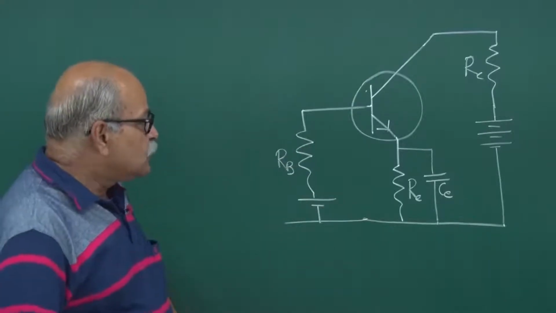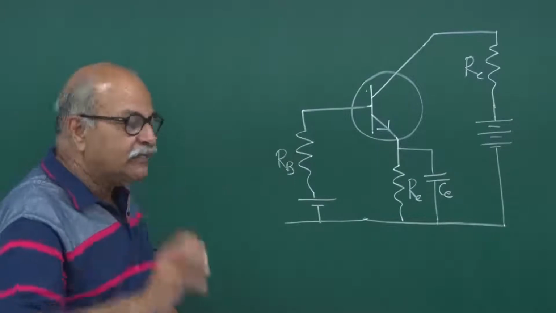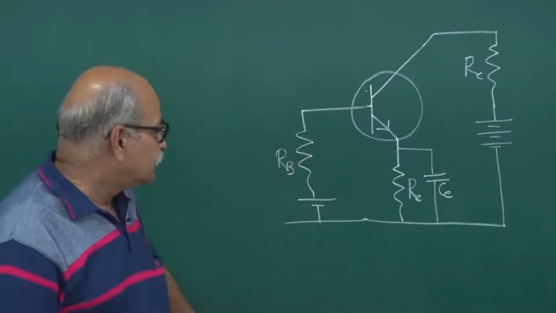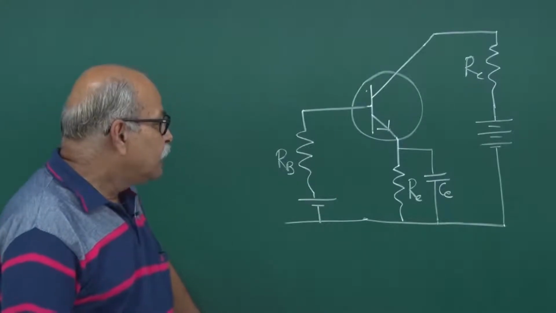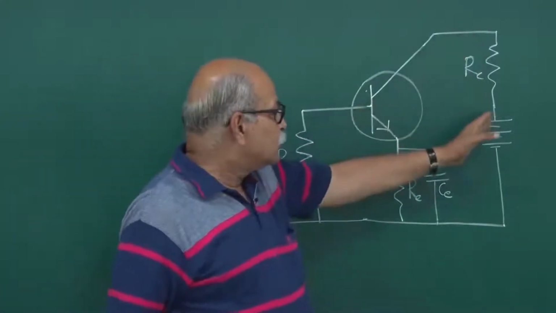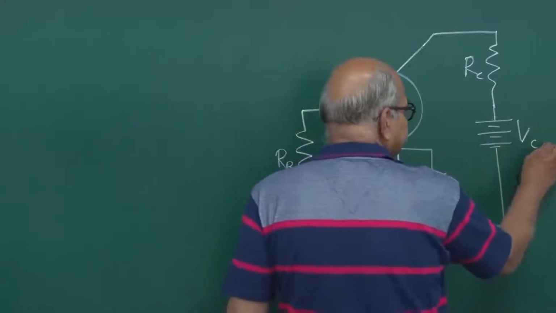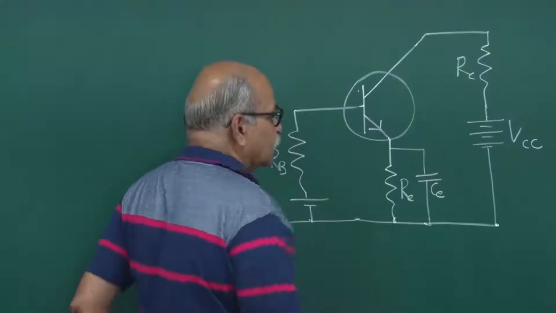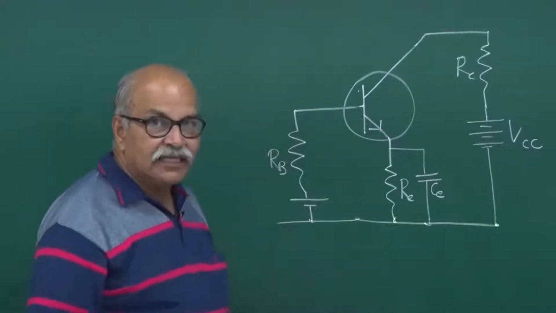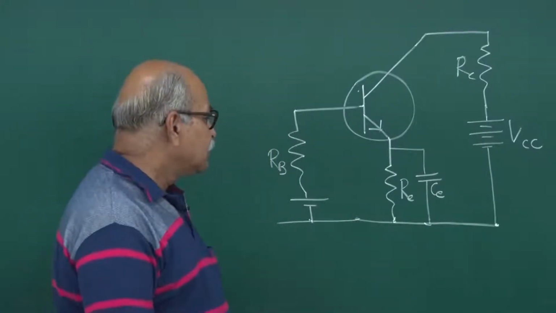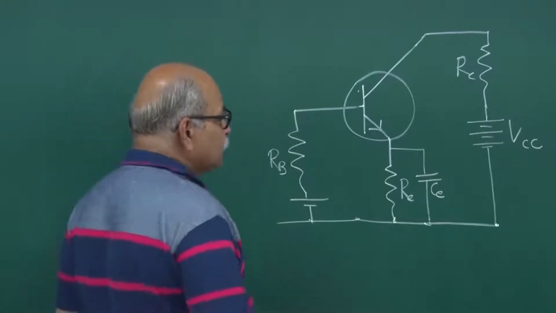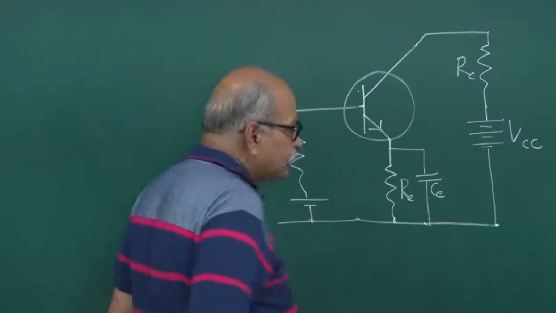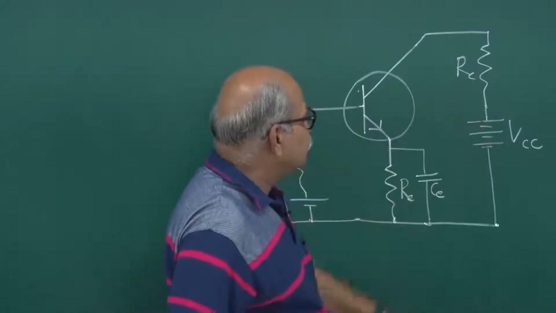Now, at this stage I would like to introduce two things. One is another way of writing these things. For example, if this RC is connected to this VCC here, this point is 0, this is all 0 potential, which we call ground. The ground itself is represented by the symbol of ground. So, what you can do is, this point is just ground, and this point RC is connected to this VCC.